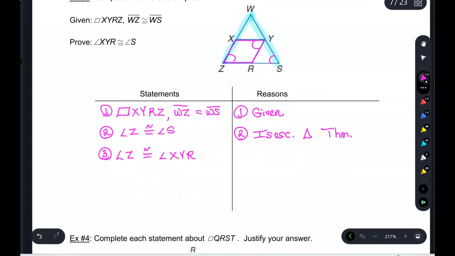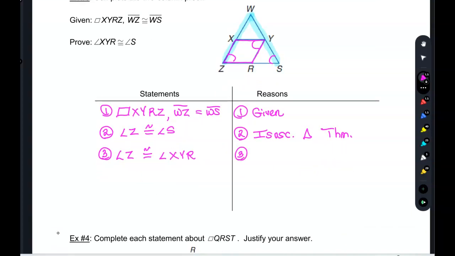So first we need to give this a reason. Parallelogram. What kind of angles are these? They're opposite angles. But why would it not be? What's the matter? What's wrong?